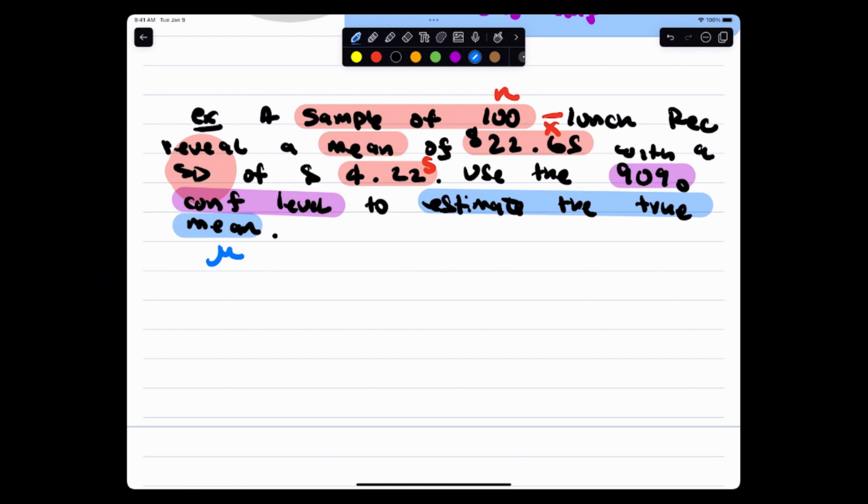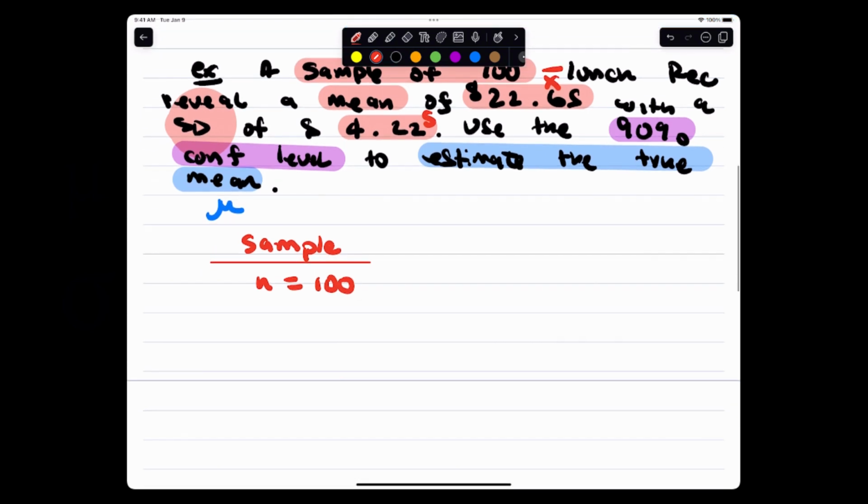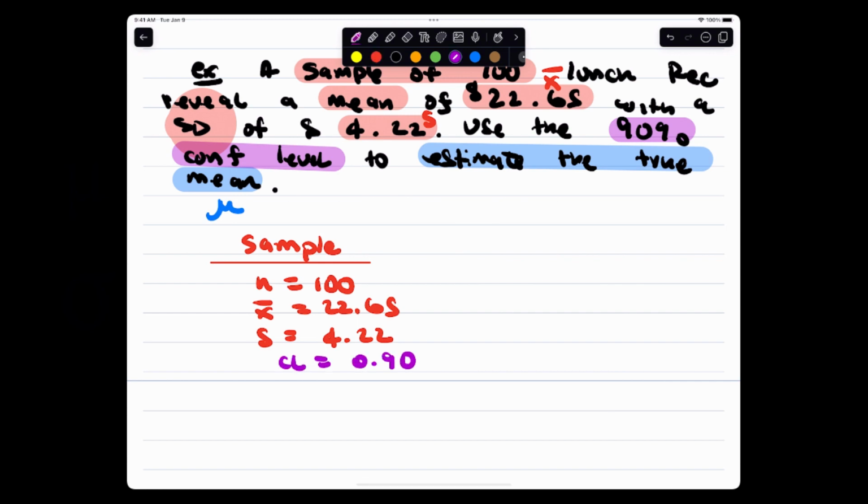So like I said, read through it and then write down everything you need. They're going to give you the sample size. You get the sample mean. You get the sample standard deviation, 4.22. The confidence level, they're saying, is 90. Put the decimal.